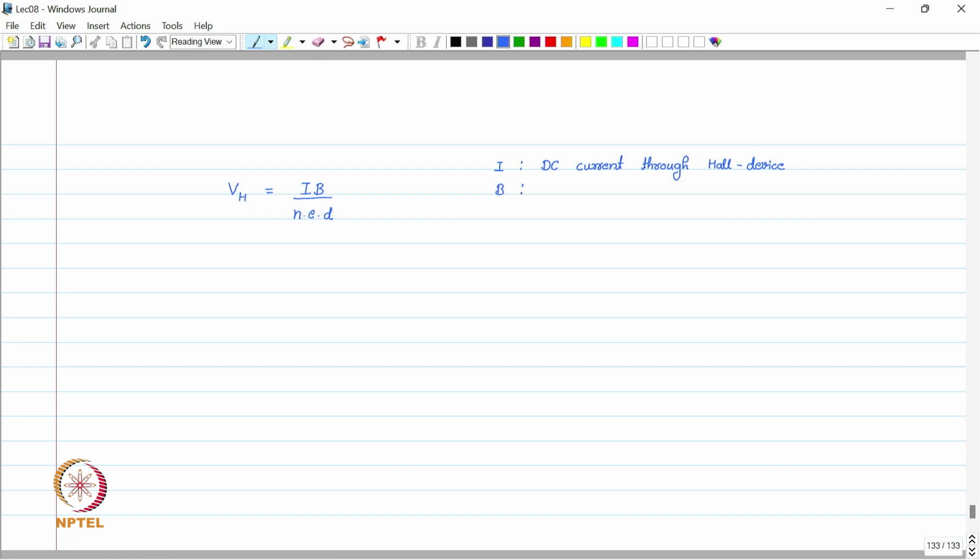B is the applied magnetic field. E is the electron charge. D is the thickness of the material or the semiconductor.